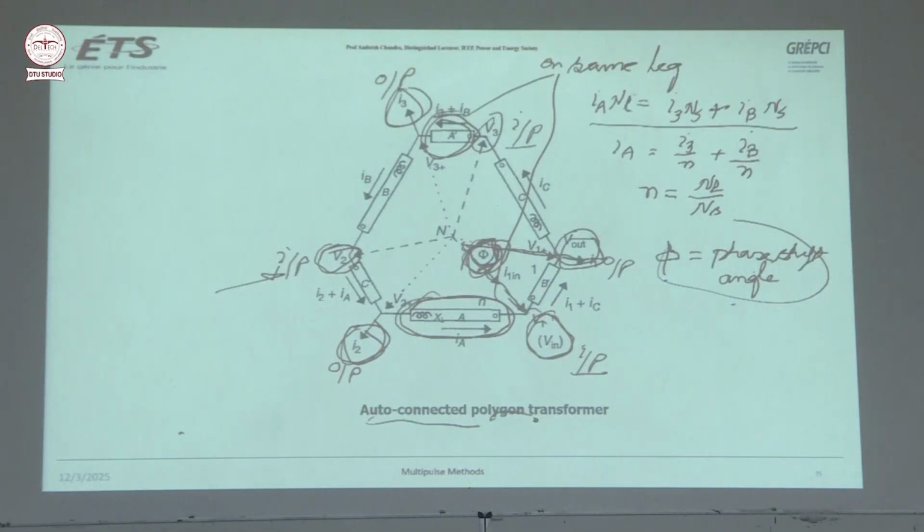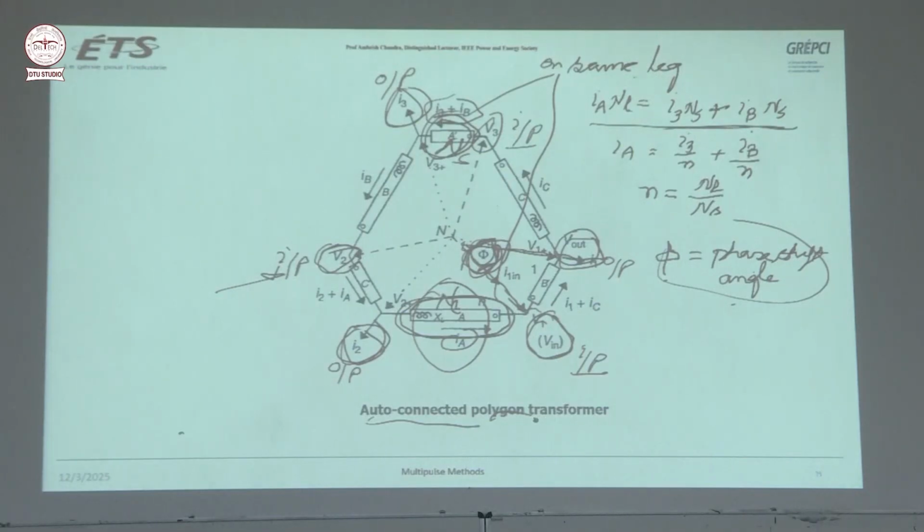So this is the equation: IA NL, if this is NL, this is the MMF, ampere turn of this winding, and this winding, I think this is NS, small winding, number of turns is small, multiplied by I3 plus IB.